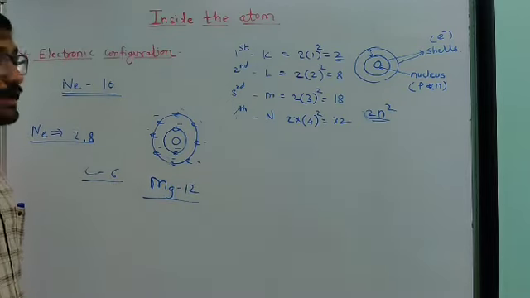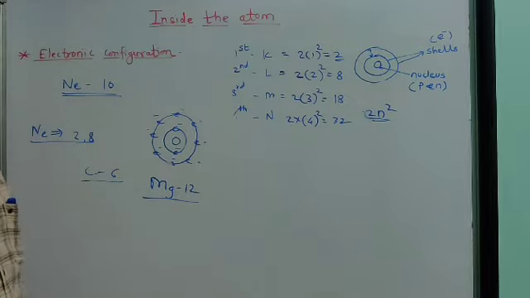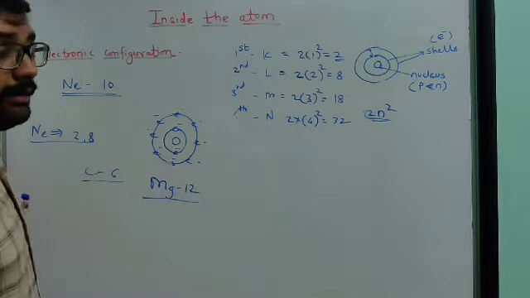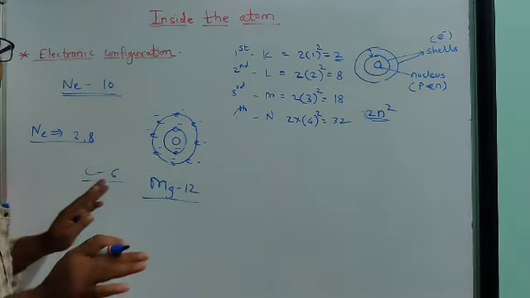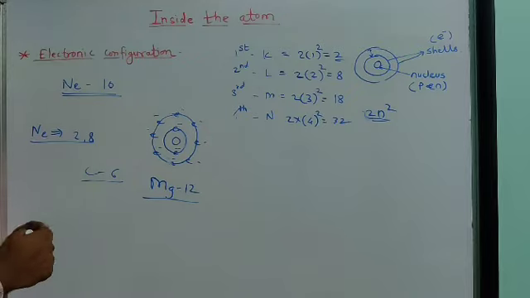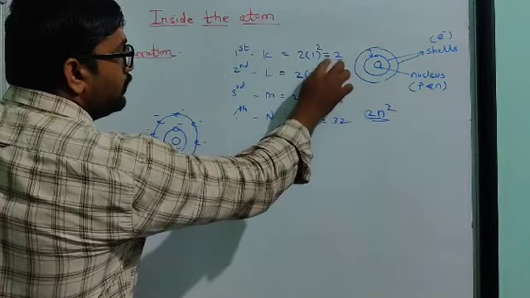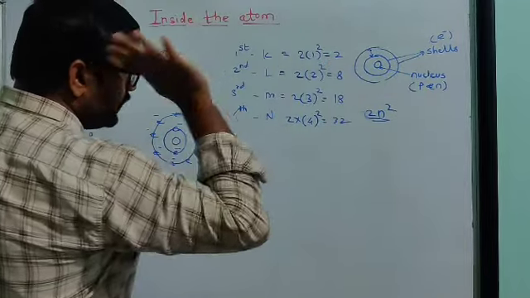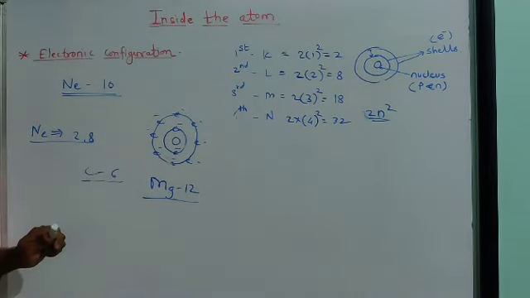There you have to write the electronic configuration of the given element in this way. Only remember one thing: we have to start arranging electrons from the first shell, the K shell. And we know the maximum in the K shell is 2 electrons, in the L shell 8 electrons, and in the M shell 18 electrons.